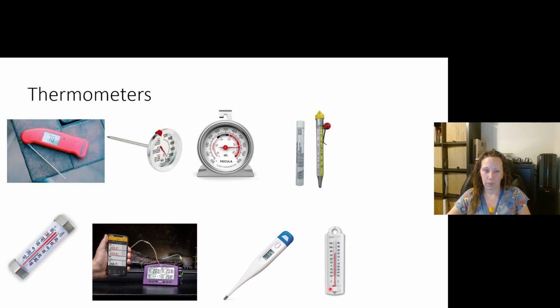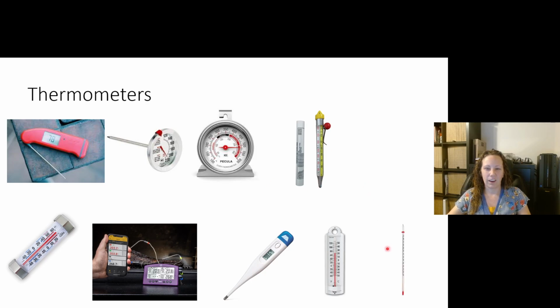We have a wall thermometer, which also is going to give you trouble past 120 degrees, which is well under what we're cooking anything to. You're not going to be able to get that into an oven without it melting, and you're not going to be able to probe any kind of food with that either.